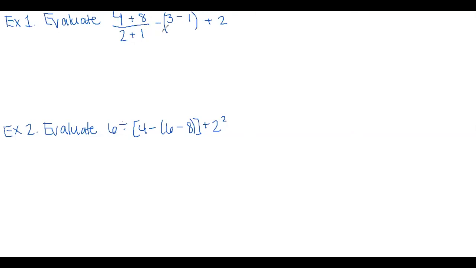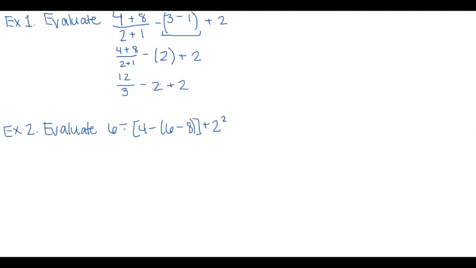So first, we need to look at this 3 minus 1. For now, I'm just going to keep this the same. And we keep that negative sign, and we have 2 here. 3 minus 1 is 2. And then we keep that plus 2, okay? So now let's look here. 4 plus 8 is 12, and 2 plus 1 is 3.